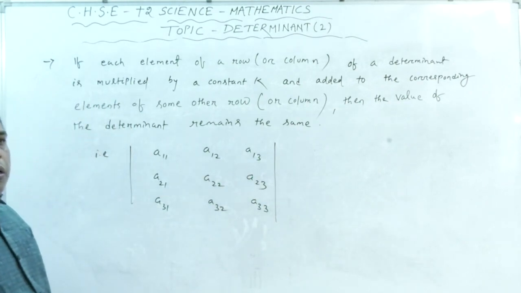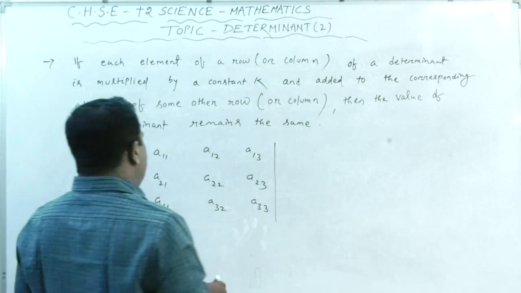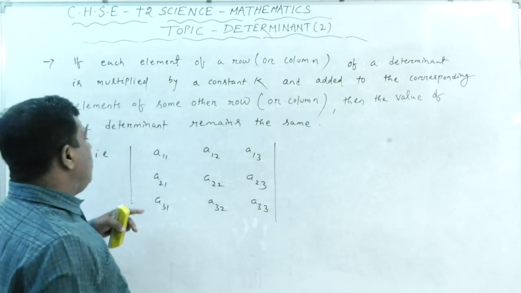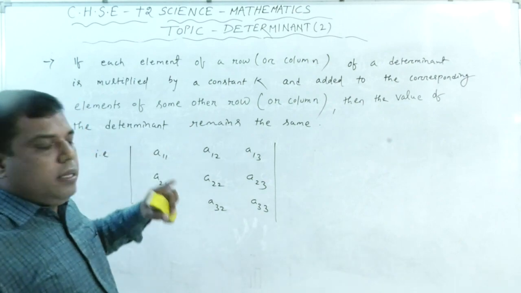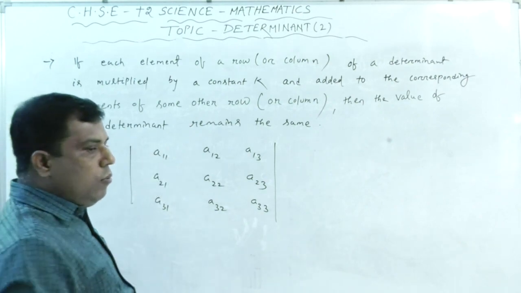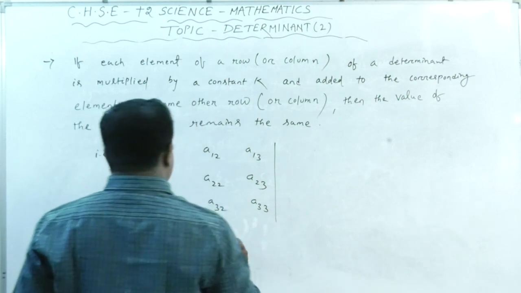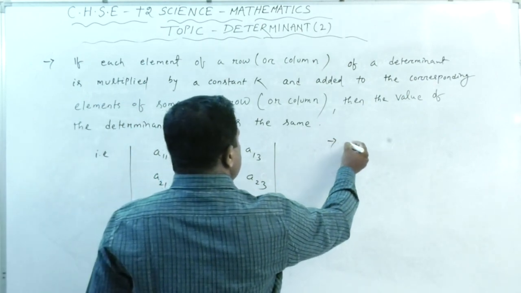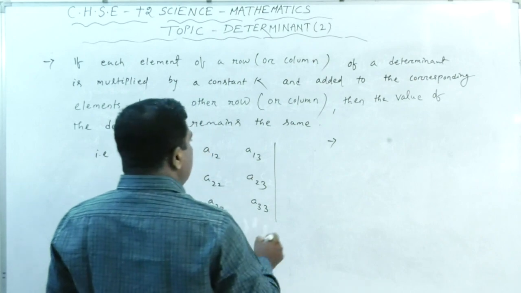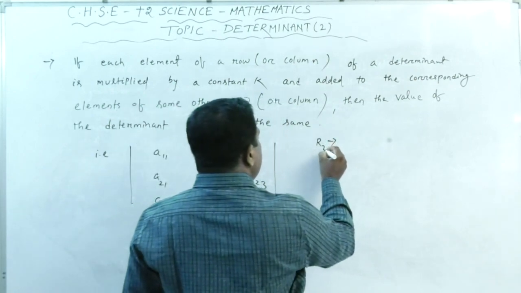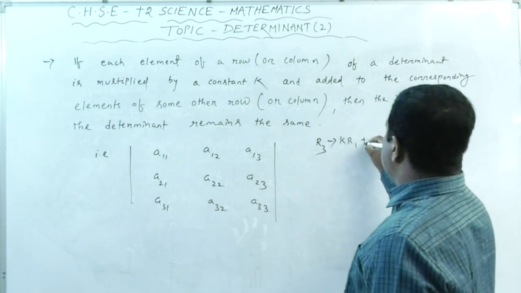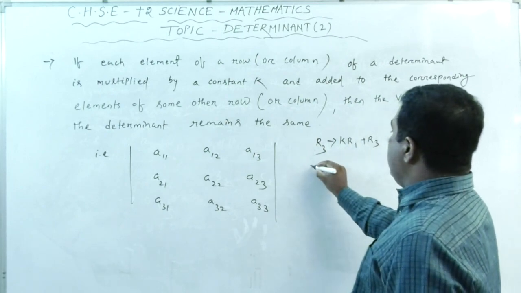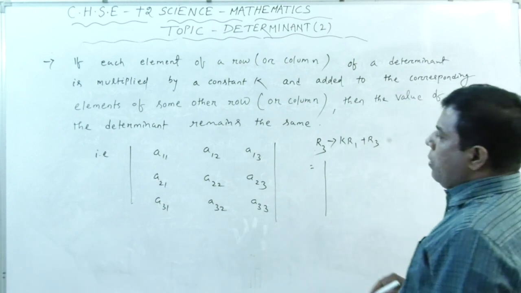Suppose we multiply a constant k with row 1 and add it to row 3. We change row 3 as k R1 plus R3. So what happened?